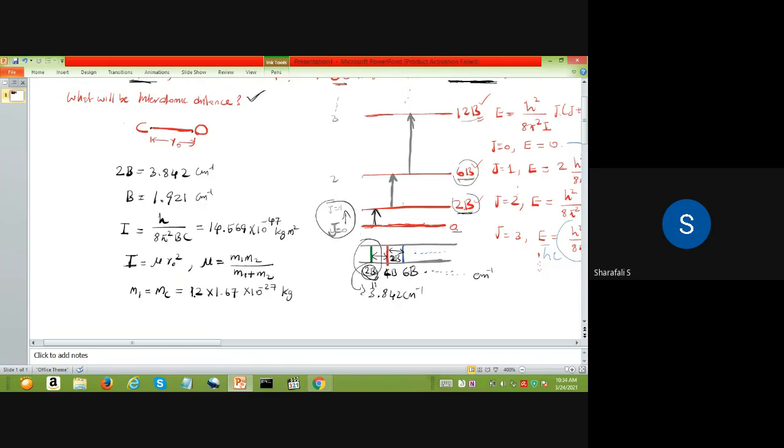That is the mass number. Then we have m2, which is equal to the second atom, that is oxygen, mO, which has mass number 16 into 1.67 into 10 raised to minus 27.